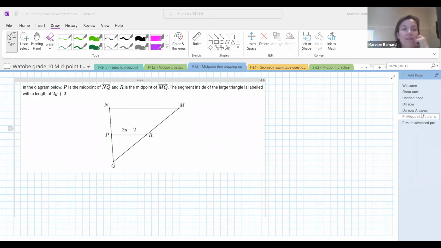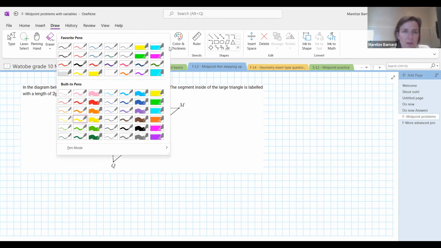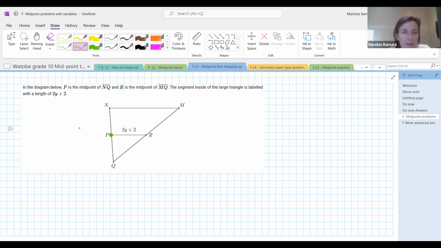Right, so in this diagram below, P is the midpoint of NQ. So let's mark that brightly in a color. I wanted that bright green color. There we go. P and R is the midpoint of MQ. Awesome.